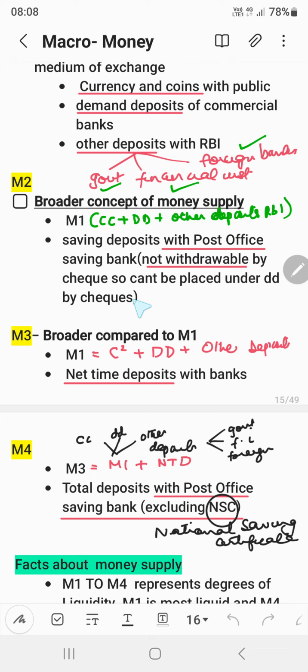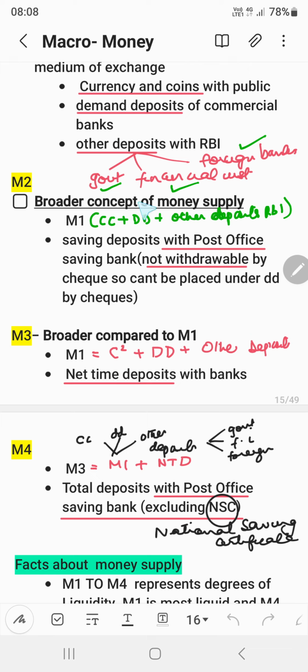The third component of measures of money supply is M3. Compared to M1 and M2, this is a broader concept of money supply, as it includes M1. That's the first measure of money supply which we did, and we have studied that M1 means currency and coins with public, demand deposits of commercial bank and other deposits.